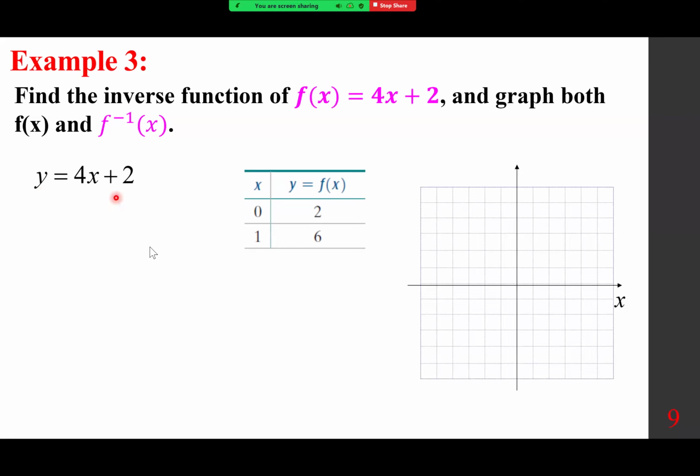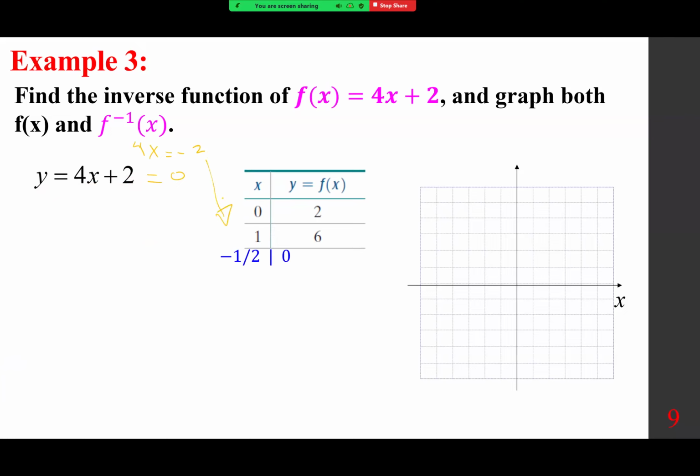By the way, we can graph this. As you can see, we have 0, 2, and then, for example, 1, 6. But what about the x-intercept? If you set this equal to 0, everybody, x equals -1/2.